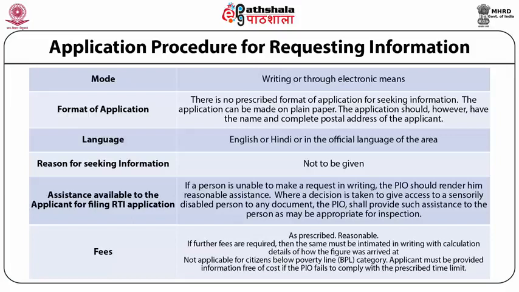If further fees are required, then the same must be intimated in writing with accurate calculation details of how the figure was arrived at. Not applicable for citizens below poverty line. That means there is no RTI fee for the BPL category. The applicant must be provided information free of cost if the PIO fails to comply with the prescribed time limit.